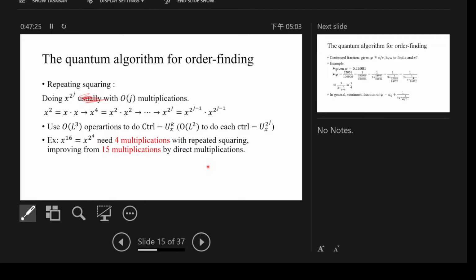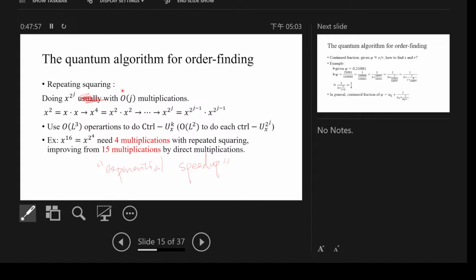Okay, so this is kind of where we get our exponential speed up. I guess there are many different interpretations of where the shortest algorithm gets its exponential speed up, but this is one way to look at it.